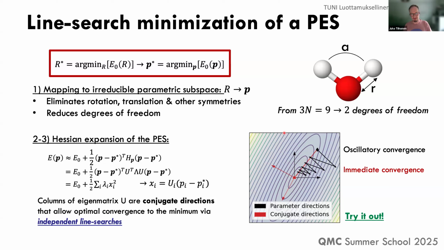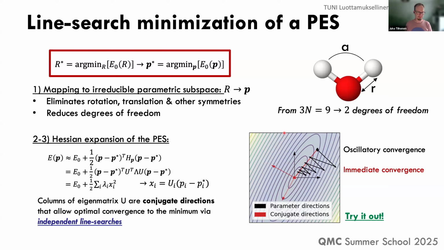And we do this by mapping this R vector to a reduced set of parameters denoted with P. So for instance, this water molecule can map from 9 parameters that are ionic Cartesian coordinates to just 2 parameters, which are the angle and the bond length, or it could be something else too, but that's the degrees of freedom that we want to optimize. Now, how to optimize these 2 degrees of freedom?